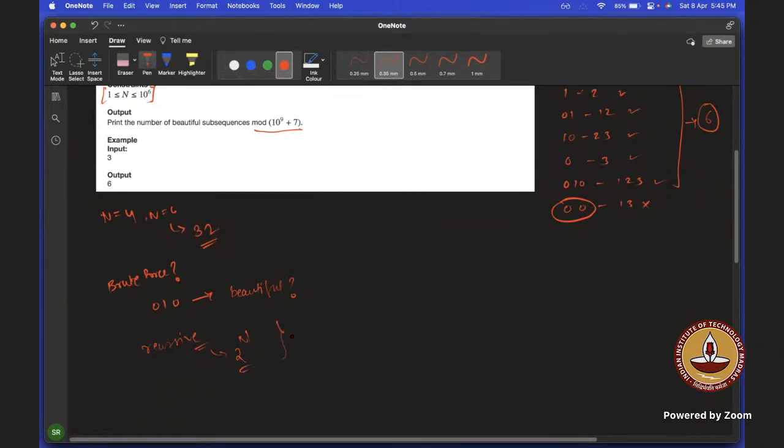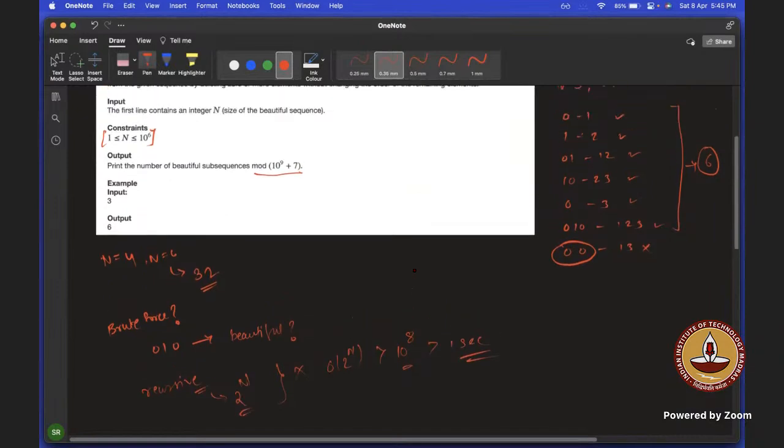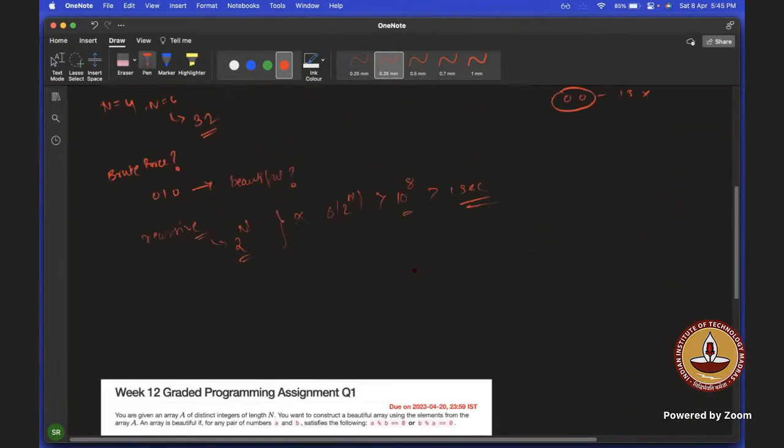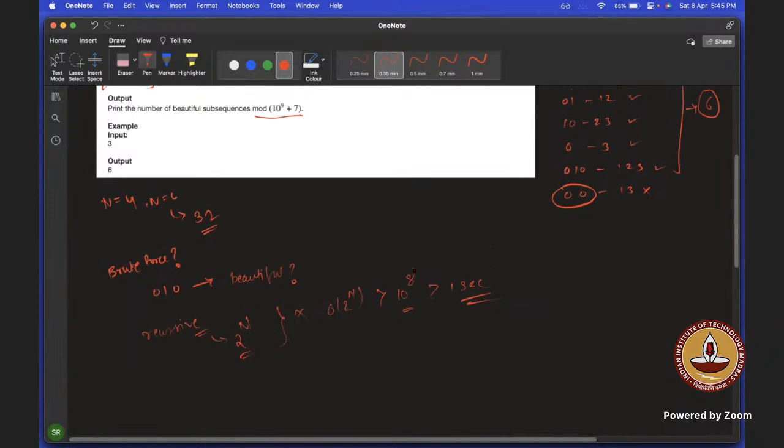So this kind of algorithm wouldn't work, because this exceeds 10 power 8, and 10 power 8 iterations is about 1 second. That is why you need to come up with a better optimized approach.